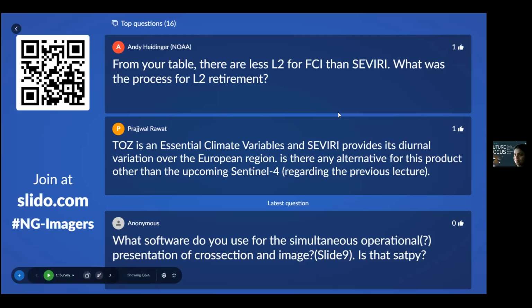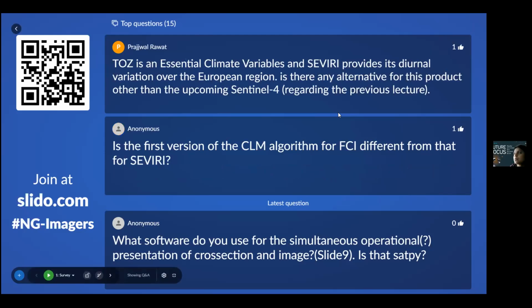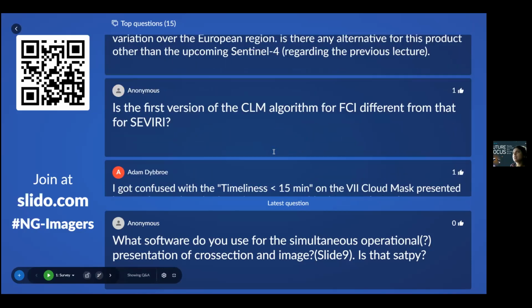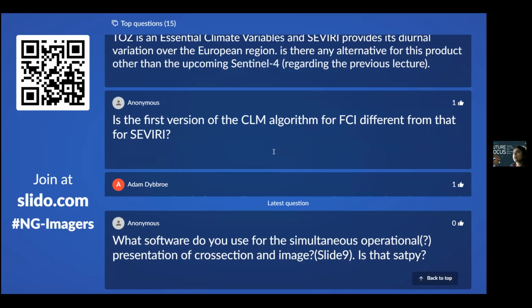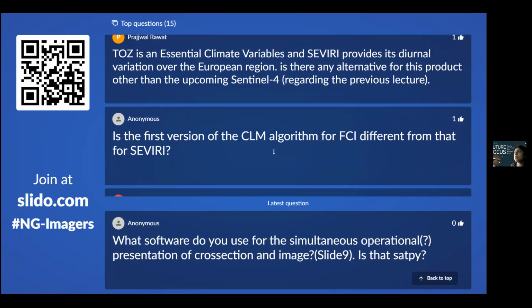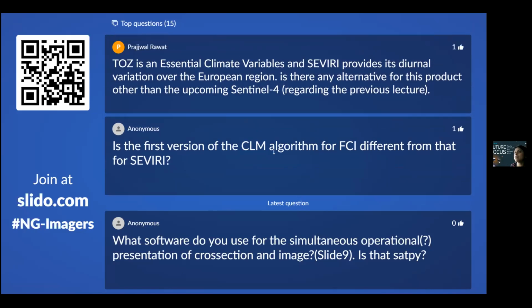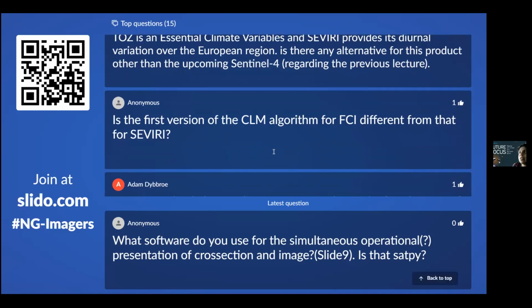Let's take a couple of questions more. I think the total ozone is an essential climate variable, and SEVIRI provides this diurnal variation over the European region. Is there any alternative for this other than the upcoming Sentinel-4? This was for the first talk also.